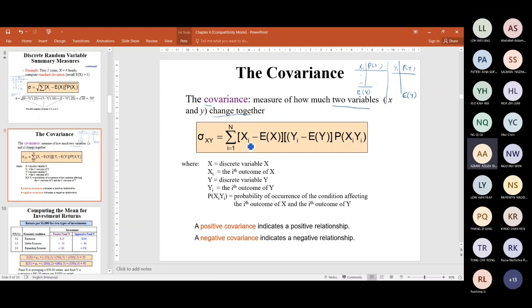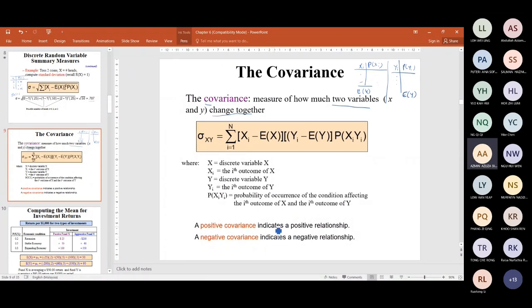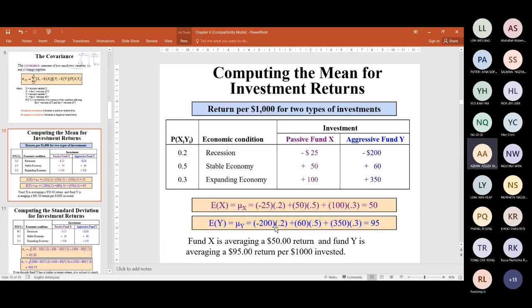So we have Si minus E(X), each of these minus your mean, and then multiply with Yi minus E(Y), each of these minus your mean, and then multiply with PSiYi, the probability of this one, which we have to find out. Let's look at this. We have an example here.